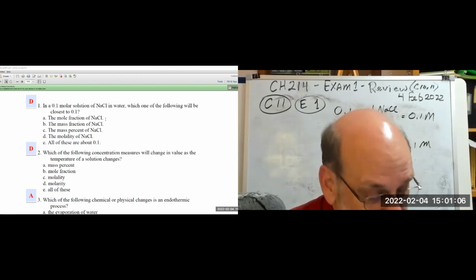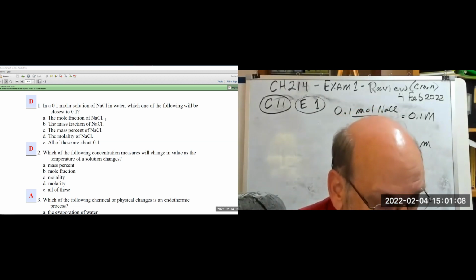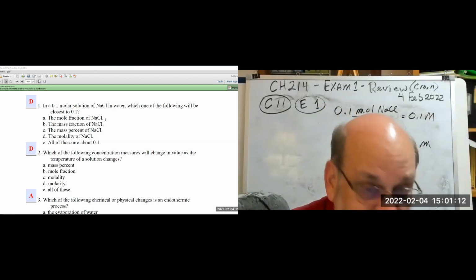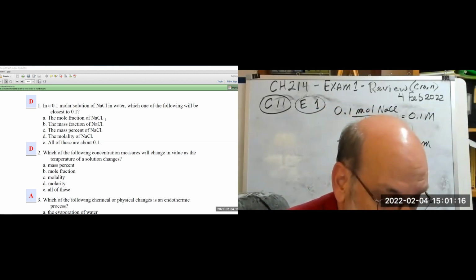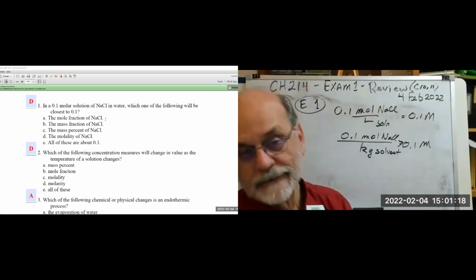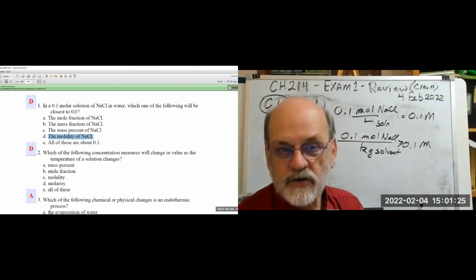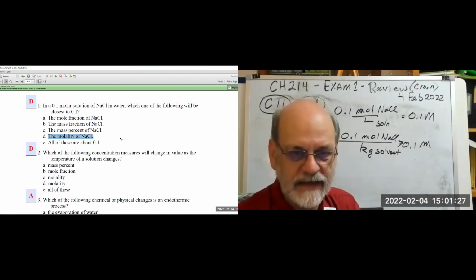C is mass percent, 0.586%. And D is molality, which is 0.1006. So if we do all the calculations, we find that molality is the nearest to 0.1 of any of those.